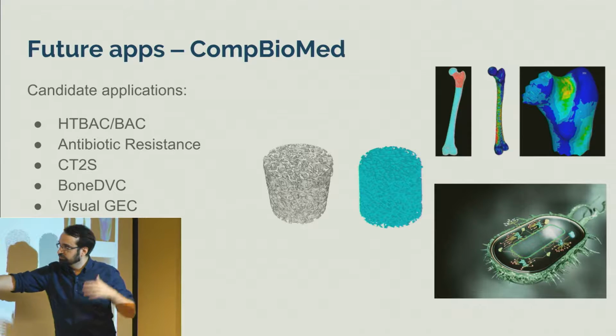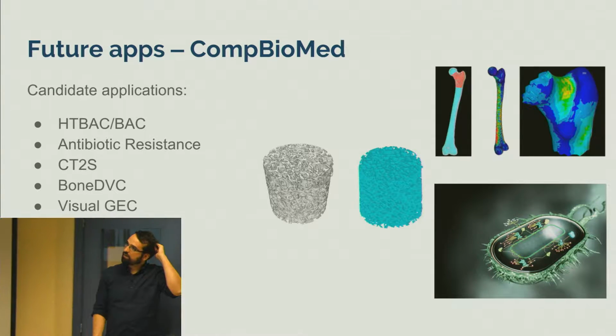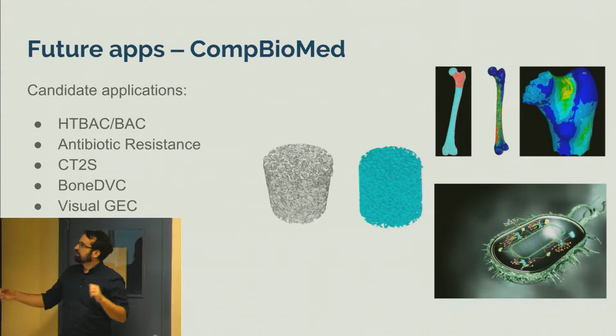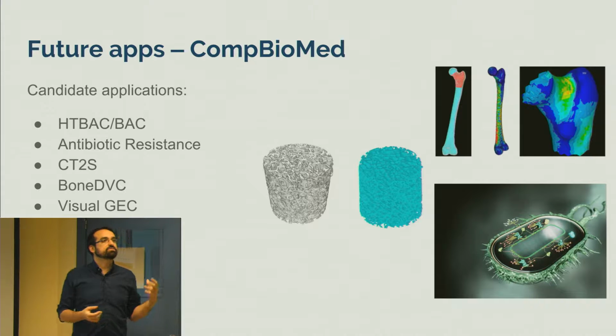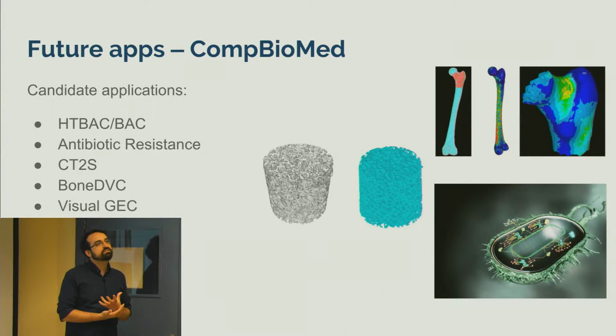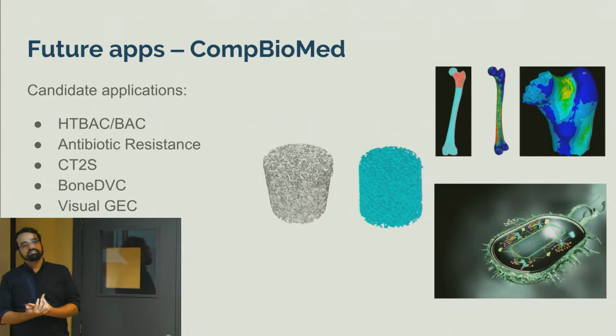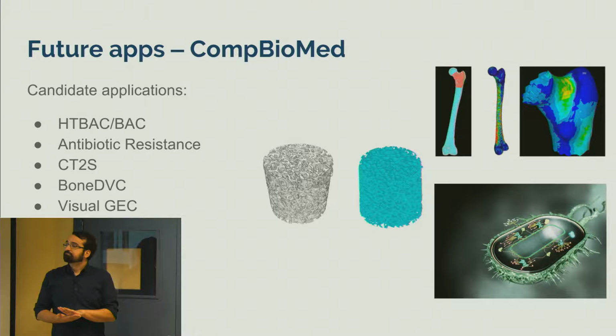CT2X, Bond DVC, Visual GEC, BAC, antibiotic resistance. All these tools are possible candidates to be made available in this platform, which is much easier to use than some other tools.